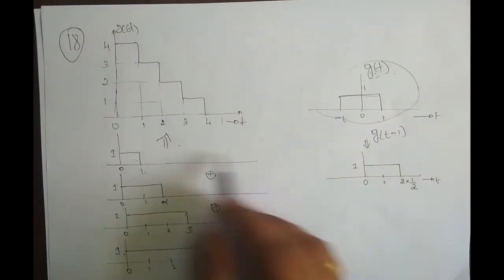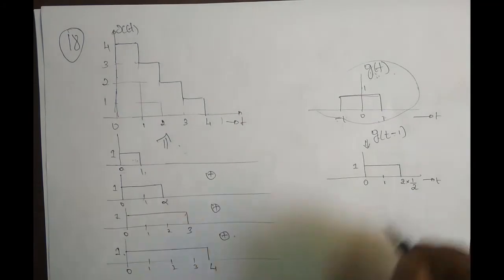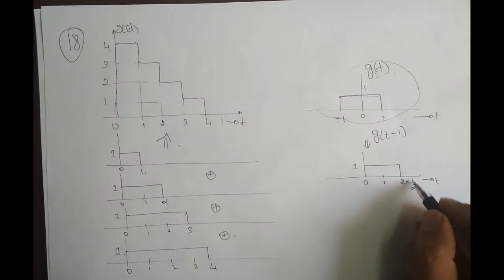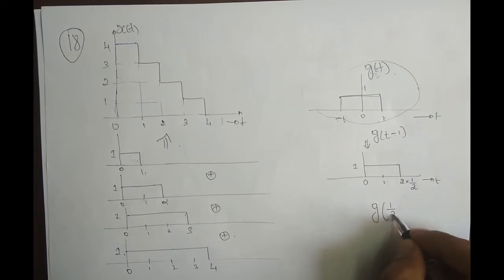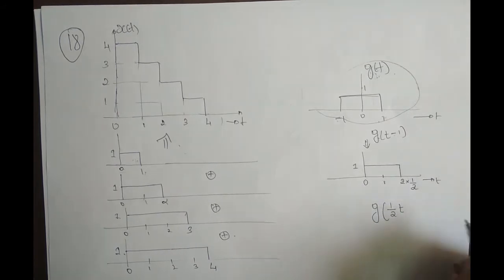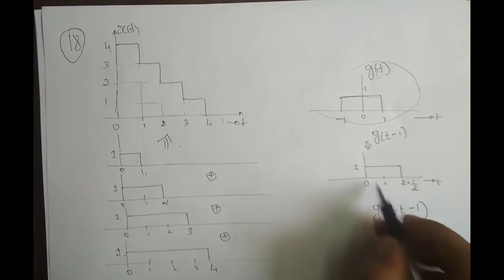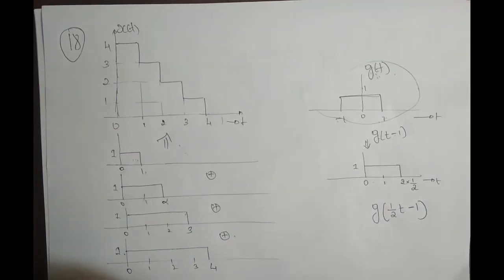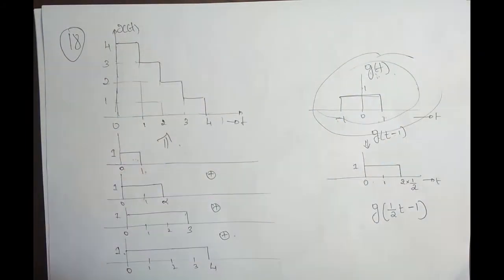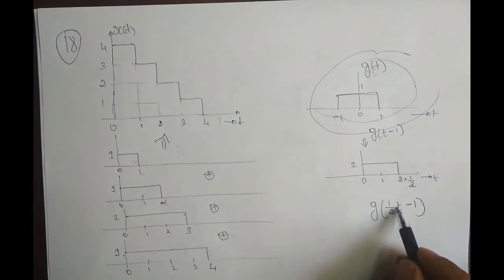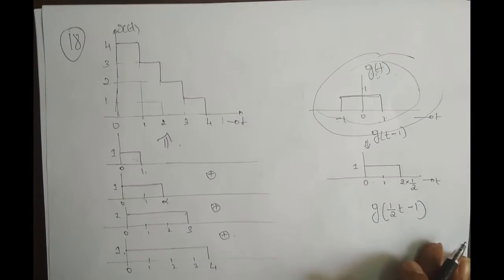So I end up with this signal, right? Now since I multiplied this by 1 by 2, it is g of 1 by 2 t, this is the scaling part, minus 1, which is the shifted part. Okay, so if this is my g of t, g of 1 by 2t minus 1 will end up with this signal.